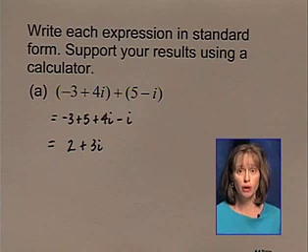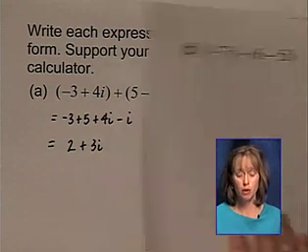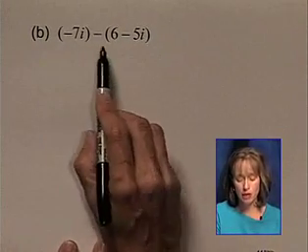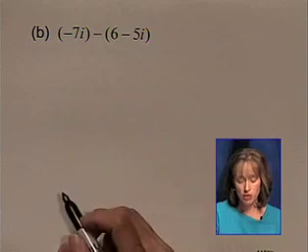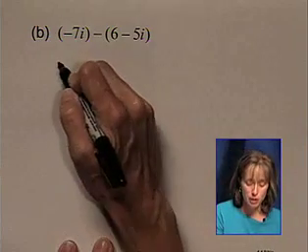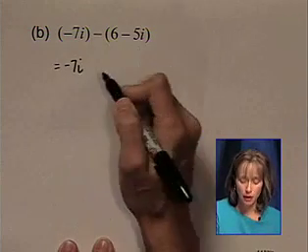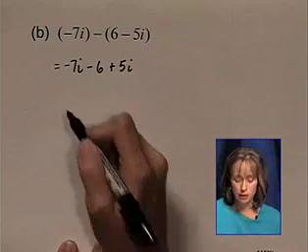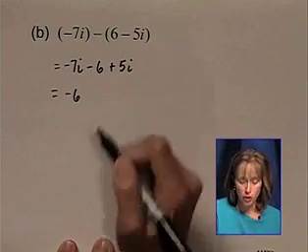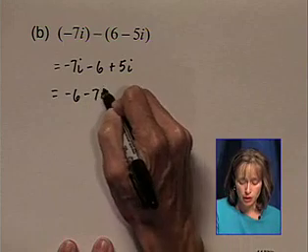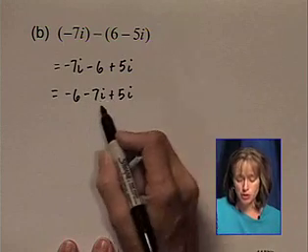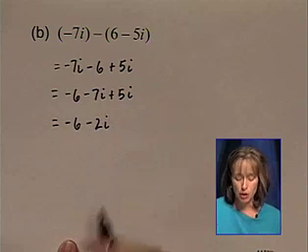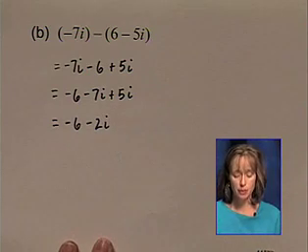We'll support that with the graphing calculator in a minute, but let's try another operation. Here we want to find the difference, -7i minus (6 minus 5i). Removing the parentheses this time, I have -6 plus 5i, and rearranging the order, the real part can be written first, then the two imaginary parts, which then can be combined to give me the complex number, -6 minus 2i.